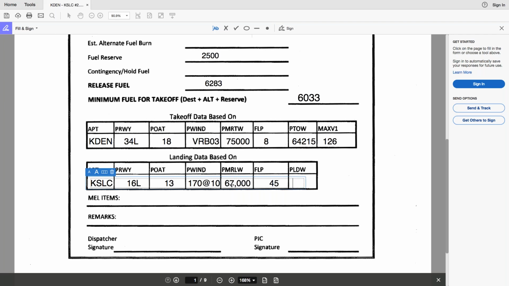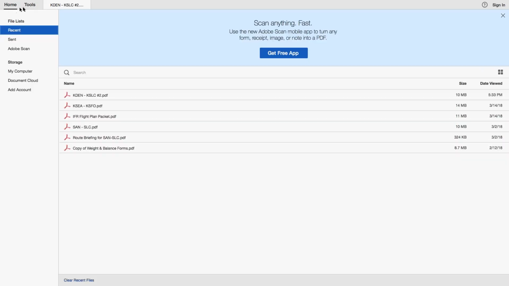Planned landing weight was 60.2. NA on the MELs, NA. You sign it. PIC signs it. And we have ourselves another completed flight plan.